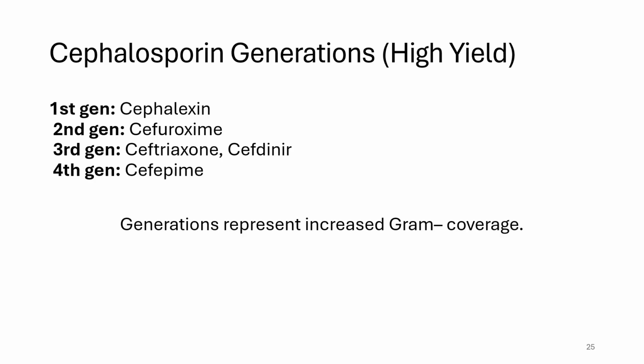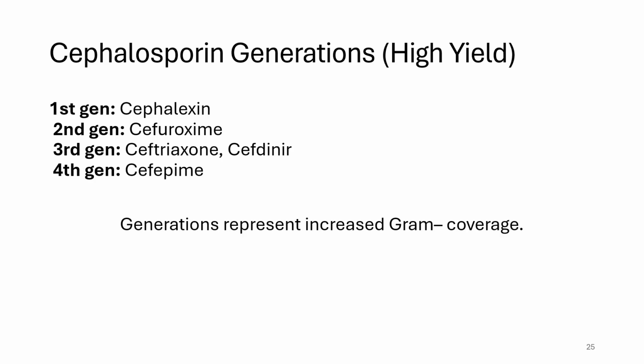Cefuroxime adds a bit more gram-negative coverage compared to the first generation. Third generation, ceftriaxone and cefdinir, are commonly used clinically. Ceftriaxone is IV or IM and is used for pneumonia, sepsis, and meningitis. Cefdinir is oral and often used outpatient.